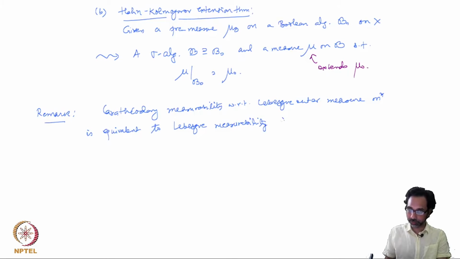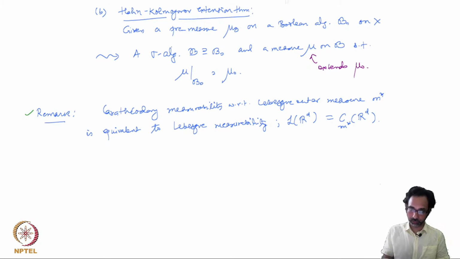This means that the sigma algebra of Lebesgue measurable sets is the same as the sigma algebra of Carathéodory measurable sets with respect to the Lebesgue outer measure. So this we have already seen before.